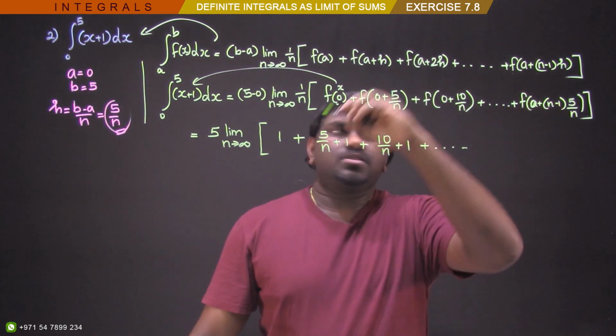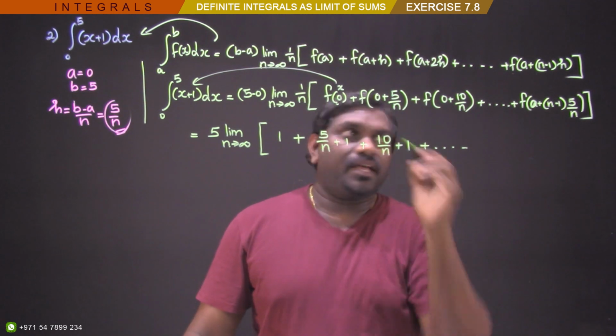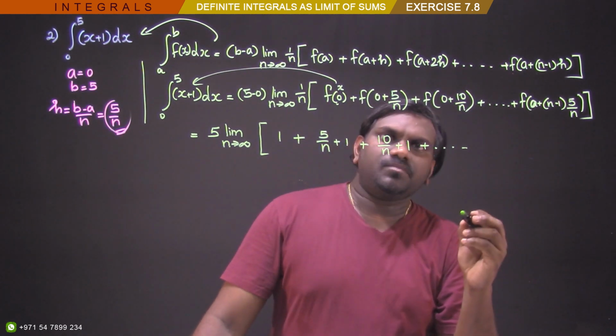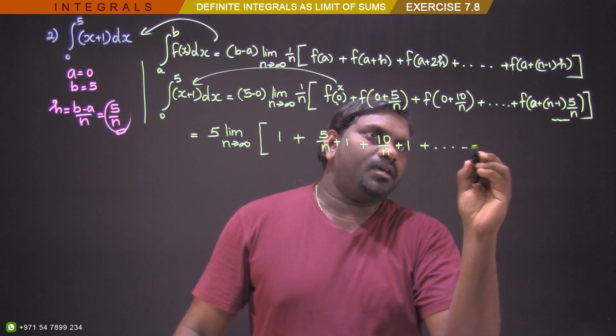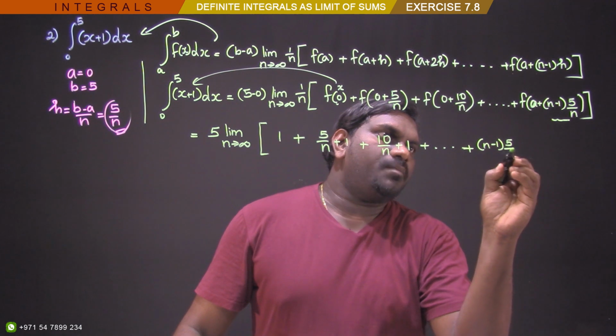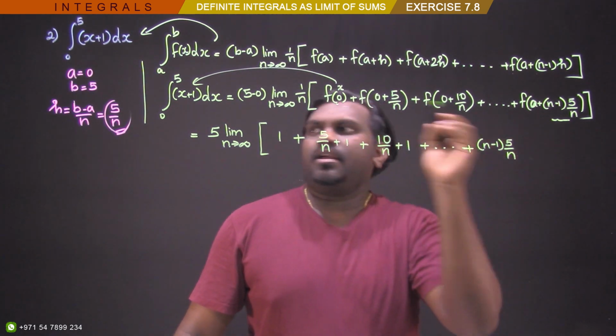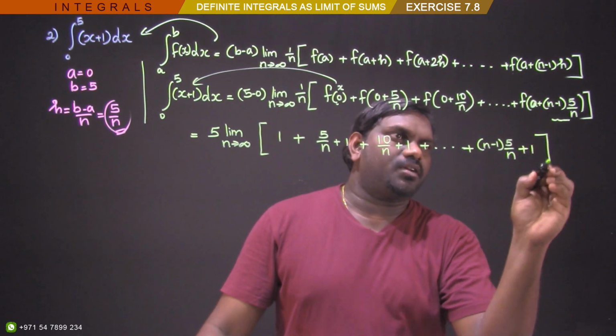This is 0, I don't want it. This one will go over there, and what you will get here is this whole thing, (n minus 1) 5 by n, this is the last term, plus 1. I forgot that. Okay, plus 1.